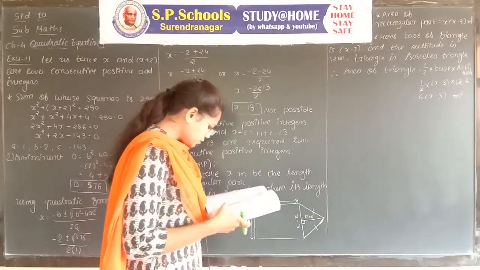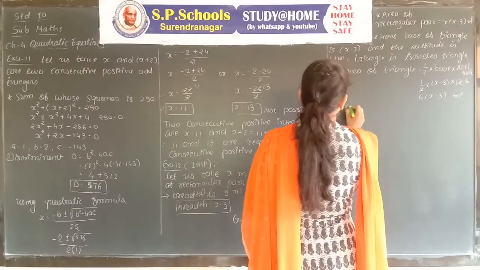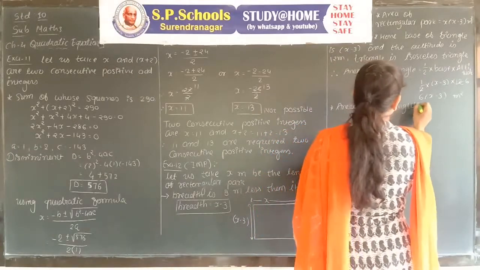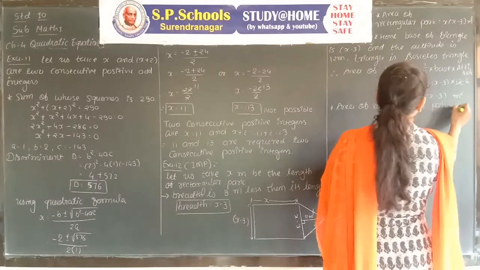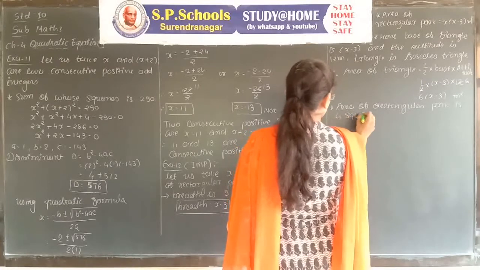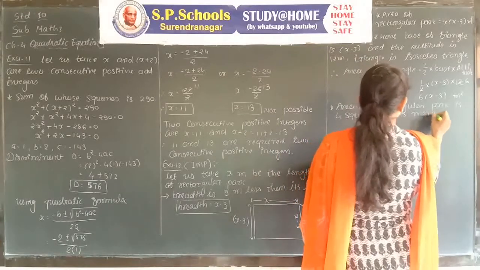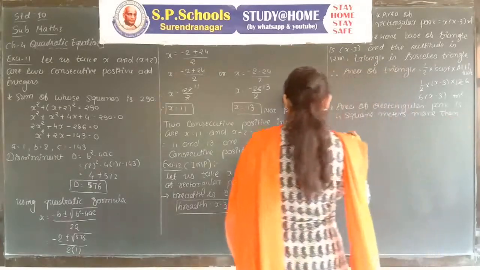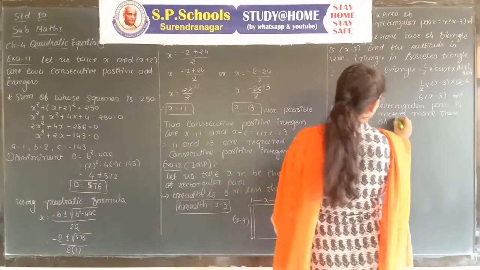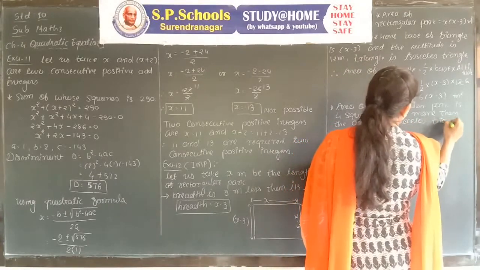Now what is the relation? The area of the rectangular park is 4 square meters more than the area of the isosceles triangle.